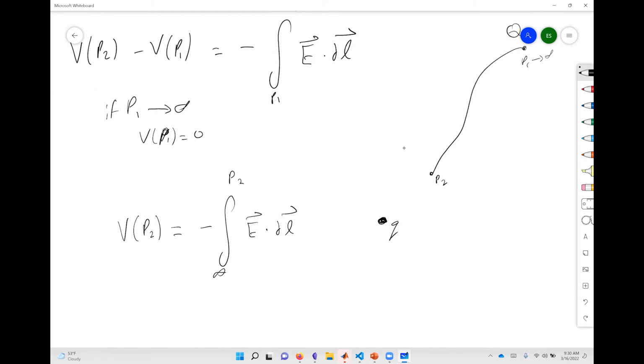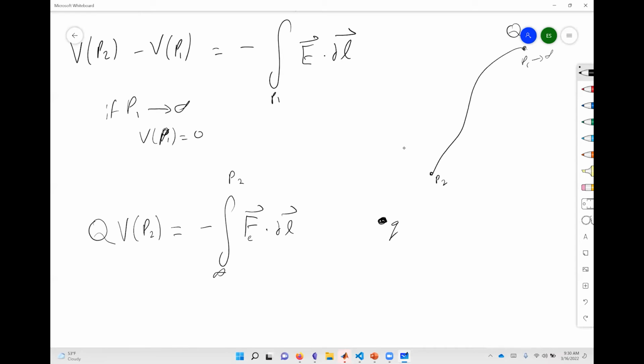What does E represent? E is force per unit charge. So if I'm using a charge Q, let's say I multiply both sides by Q. Q times E is force. So this is the electrostatic force.